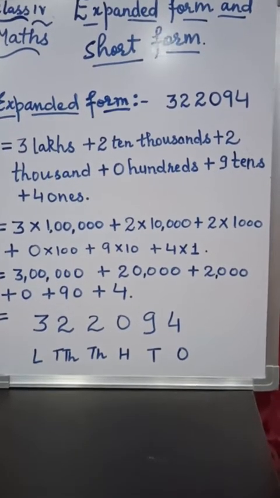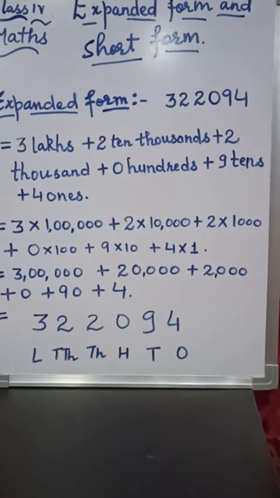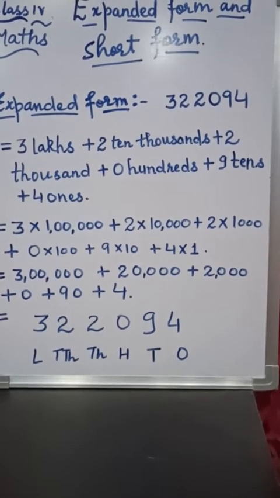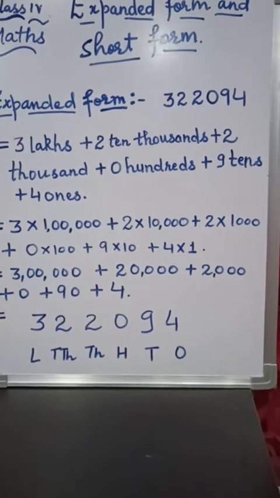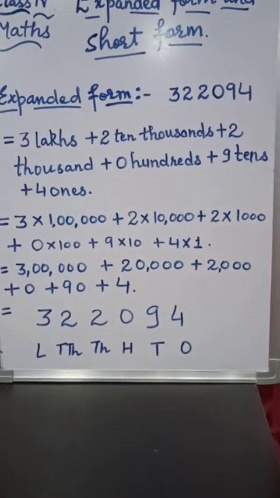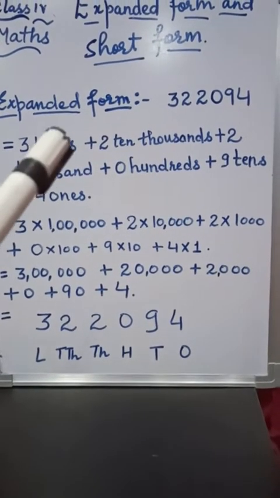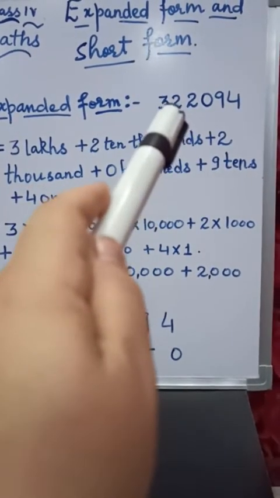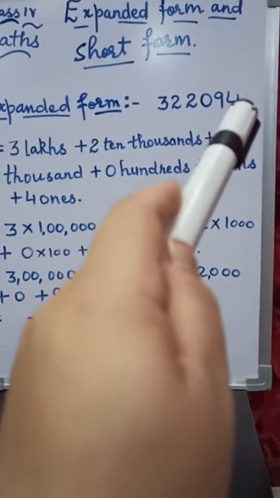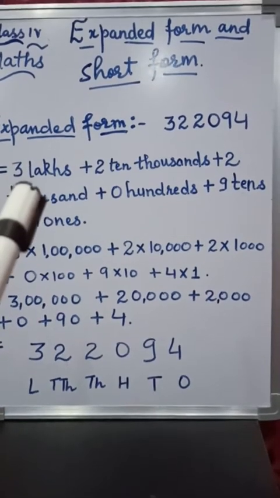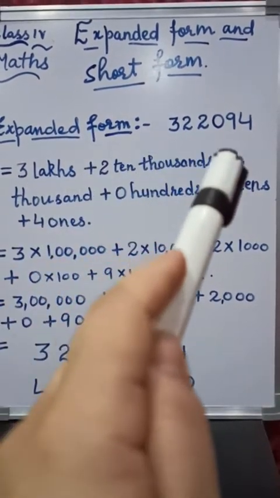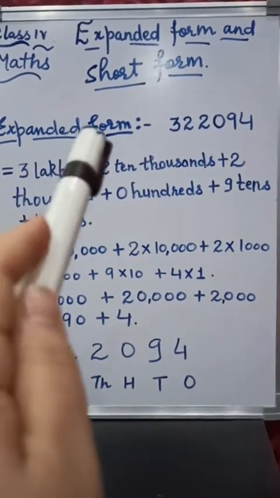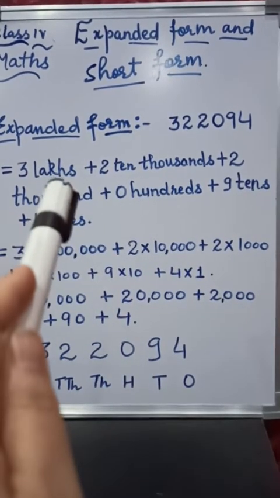Expanded form is a way of writing numbers to see the value of individual digits, right? As you can see here, a number is written 322094. Yes, and here I have written the value of each digit individually.